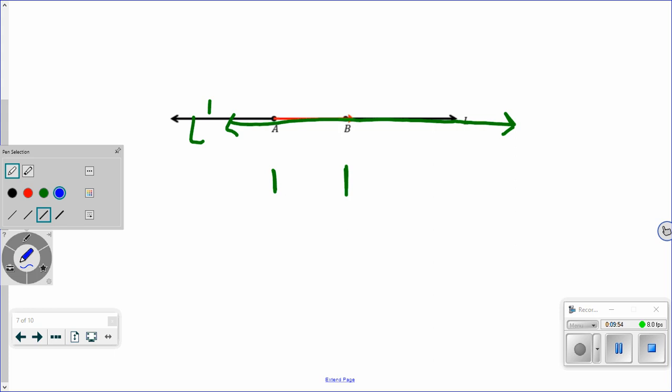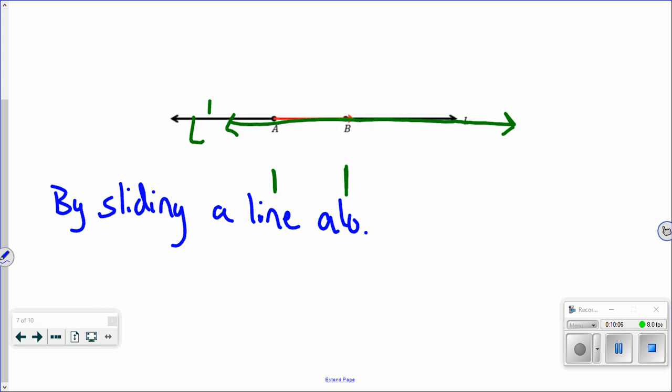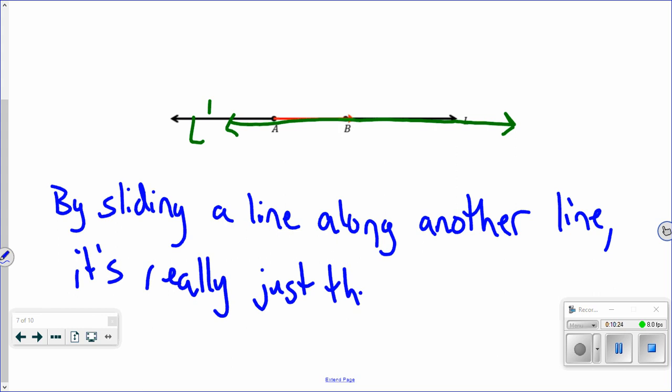So by sliding a line along another line, it's really just the same line.